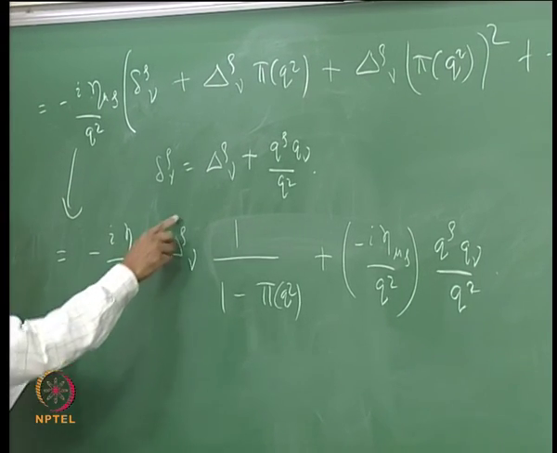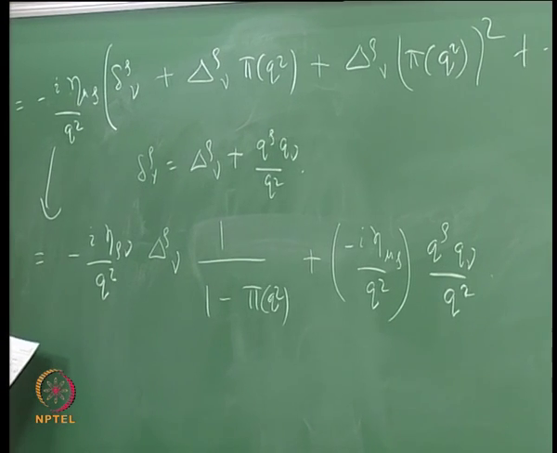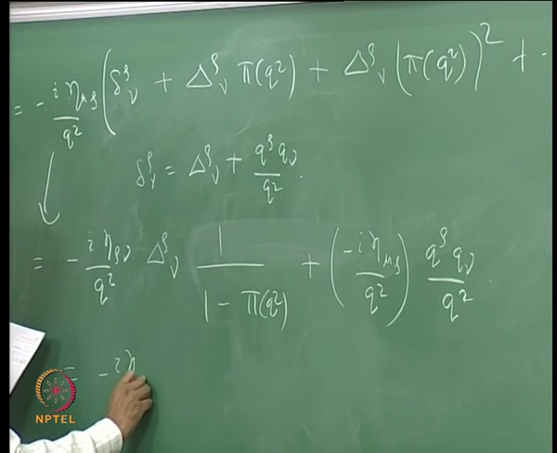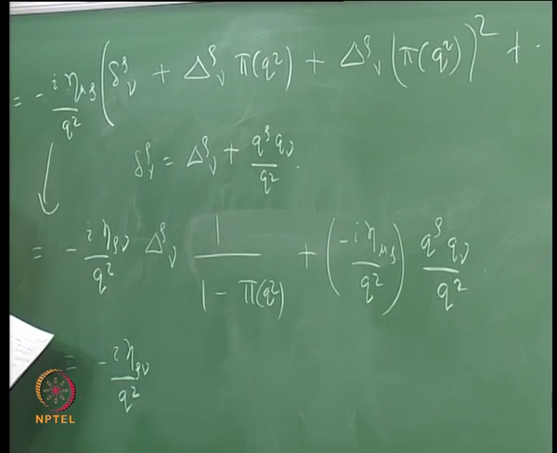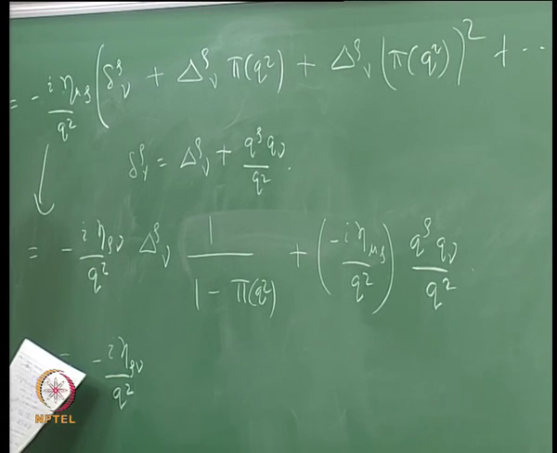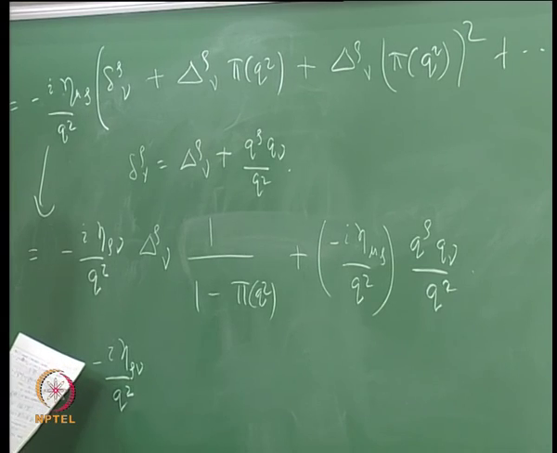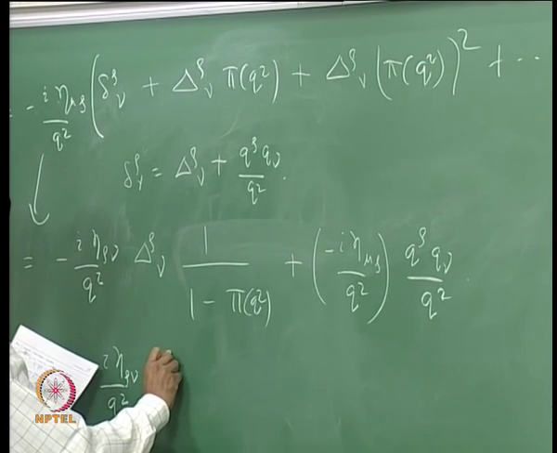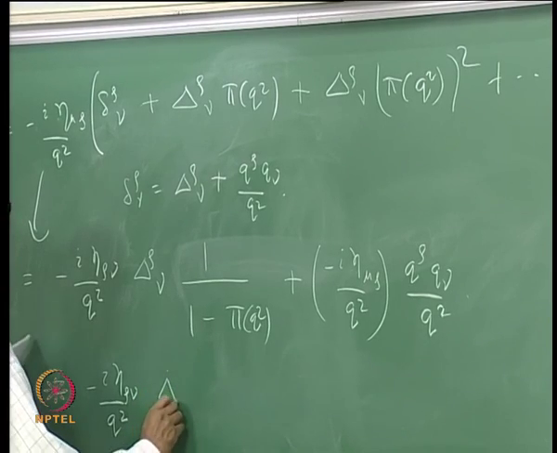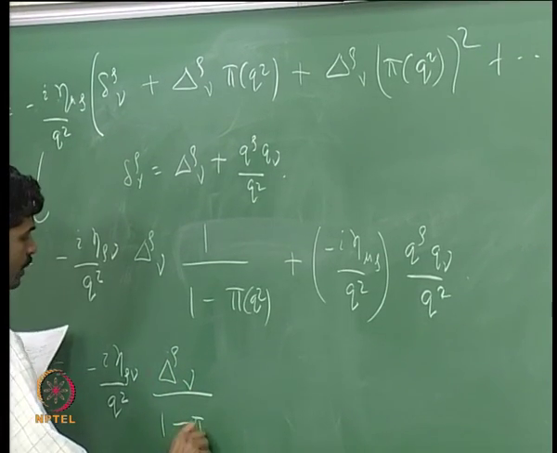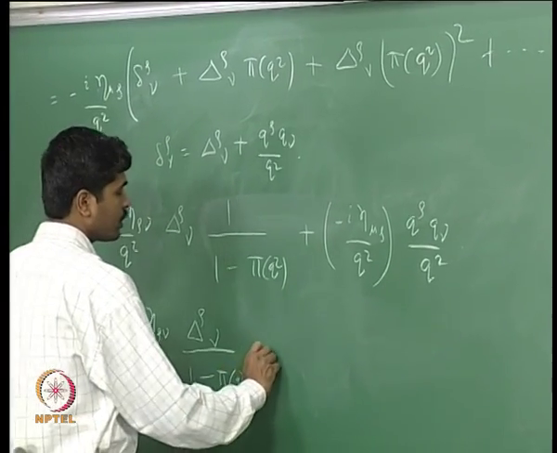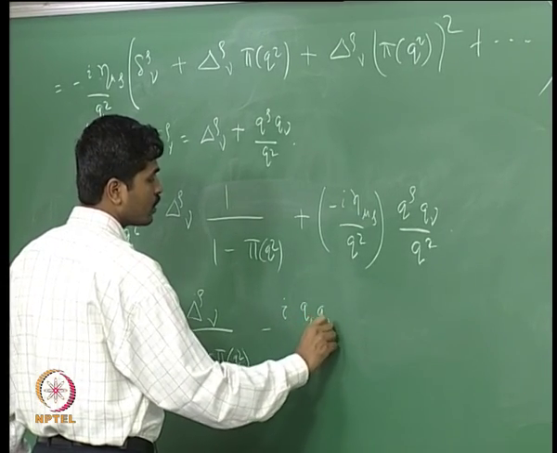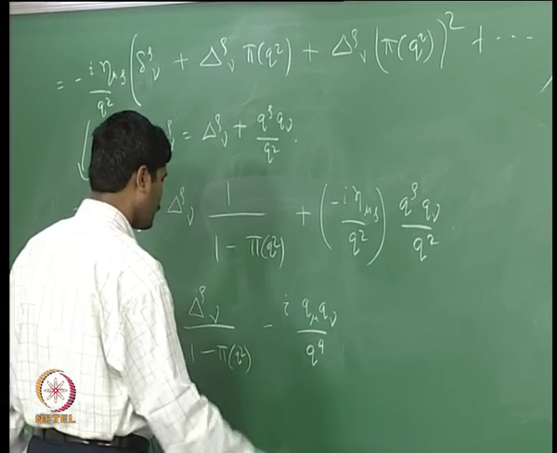All right. So, what I have here is simply minus I eta mu rho over q square, delta rho nu divided by 1 minus pi of q square, and here minus I, this can contract and it will give me q nu divided by q to the power 4.